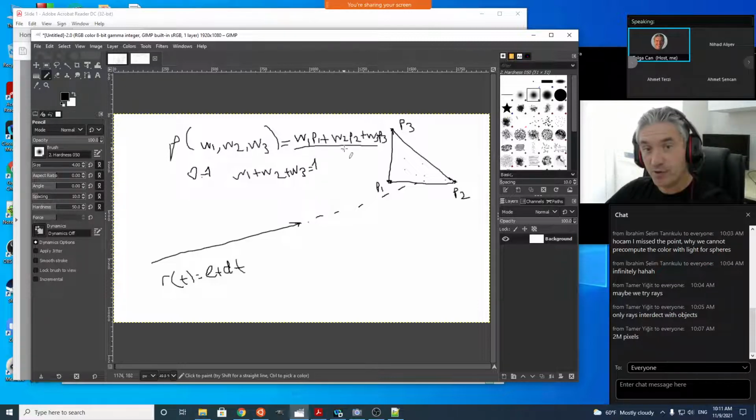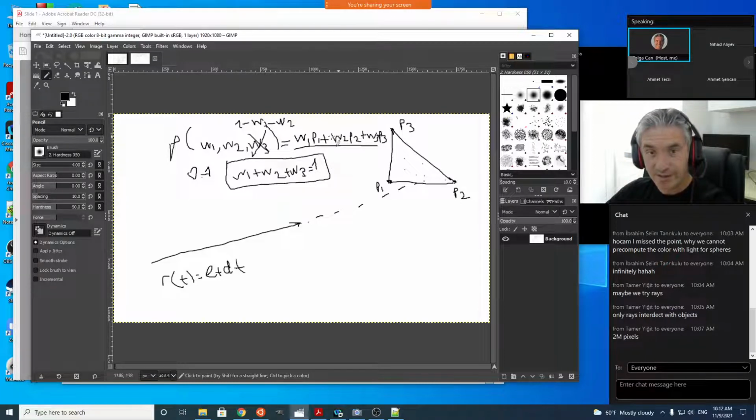So if W1, W2, W3 are real numbers between 0 and 1, non-negative, and they sum up to 1, that gives you a valid triangle equation. The fact that their sum is equal to 1 reduces our degrees of freedom by 1, which means that instead of the parameter W3, all I need to write is 1 minus W1 minus W2. As you can see, it's a 2-parameter surface.